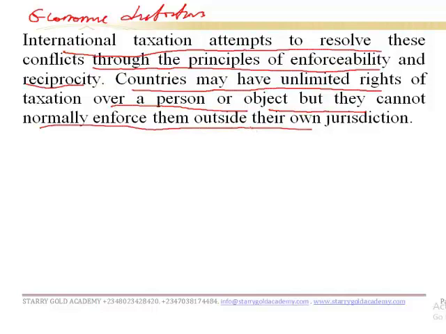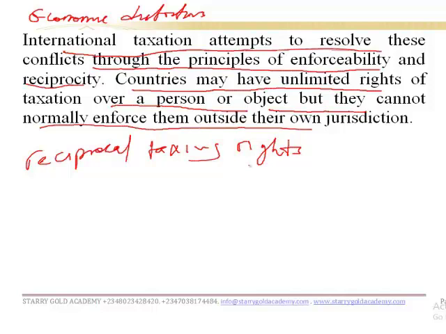Therefore, they must respect the reciprocal taxing rights of other countries and cooperate with them to evolve rules of taxation that meet their mutual fiscal objectives.